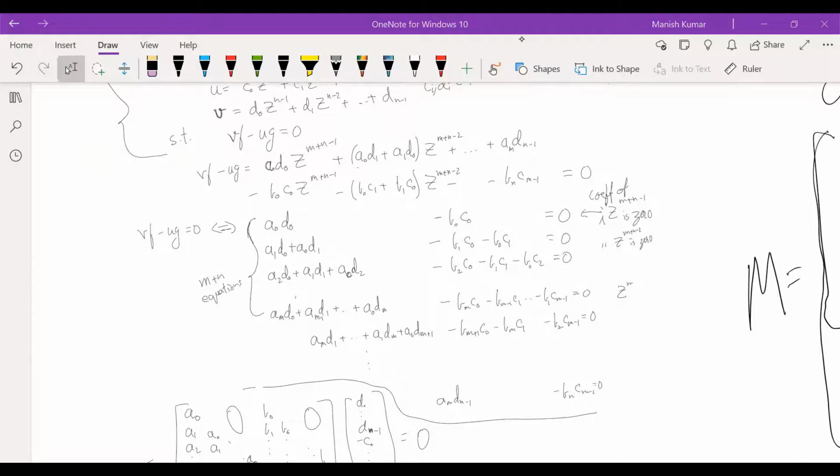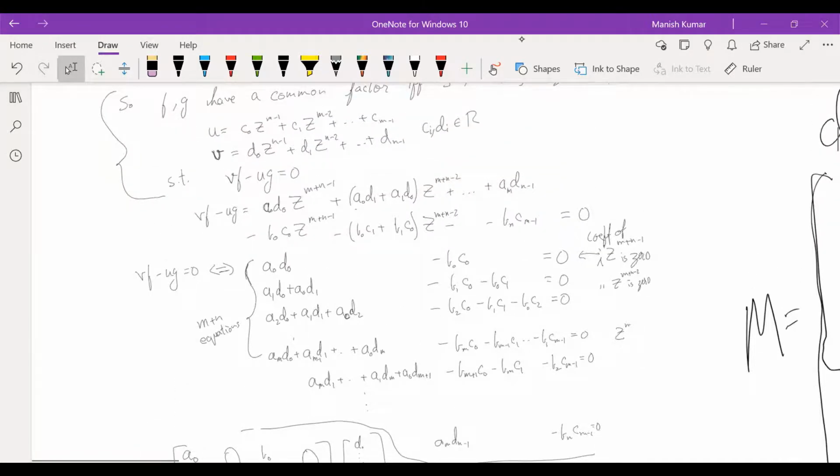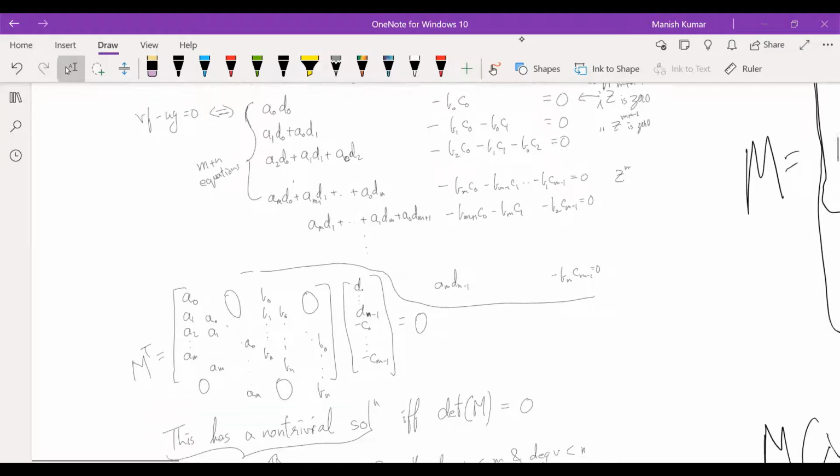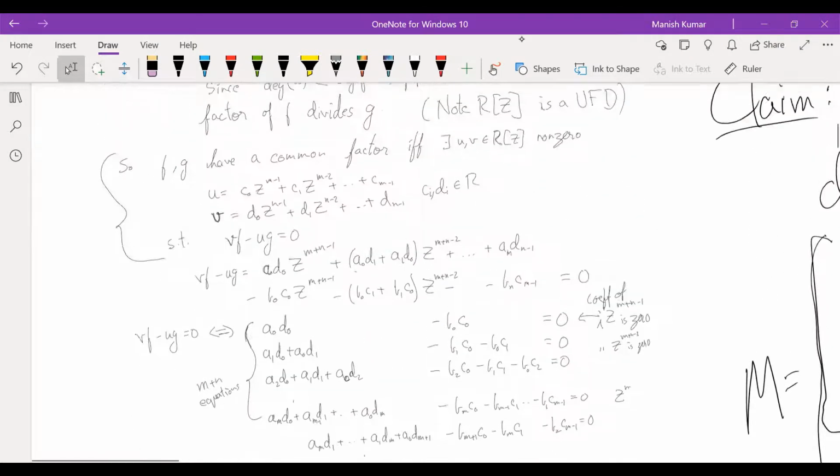Basically, VF minus UG equals 0, when you translate it into solving for U and V, you gives this resultant matrix. There are many ways of defining the resultant.